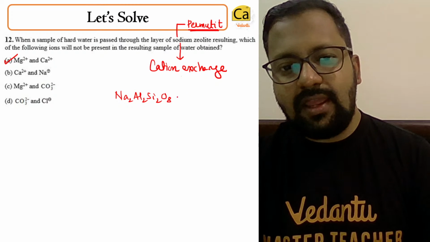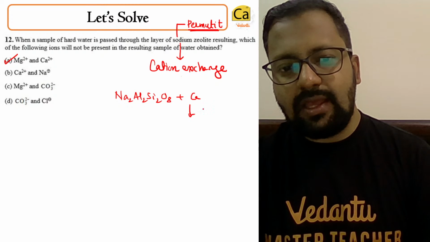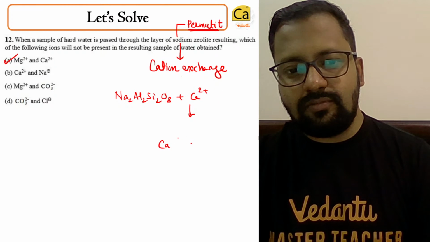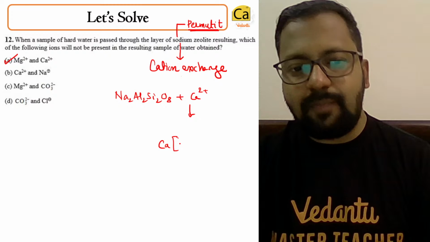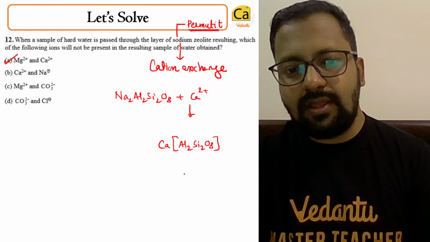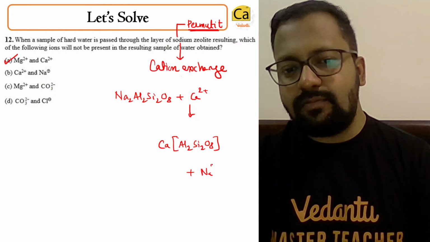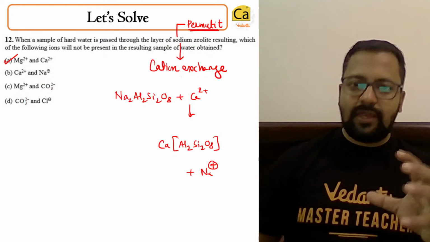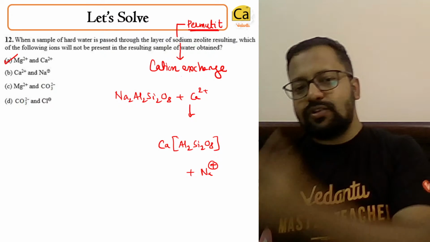It will react with calcium, and so Ca2 plus will replace sodium. So Ca will be captured by permutate, Al2Si2O8, and we will get sodium free in the medium. So cation will be exchanged. Cation will be captured, sodium will go away.